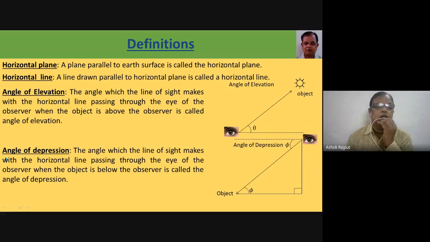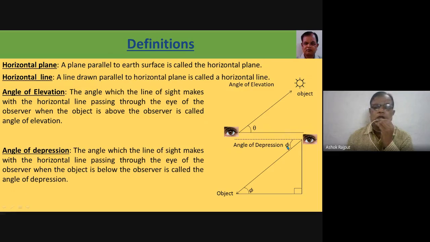Now next, angle of depression. The angle which the line of sight makes with the horizontal line passing through the eye of the observer when the object is below the observer is called the angle of depression.